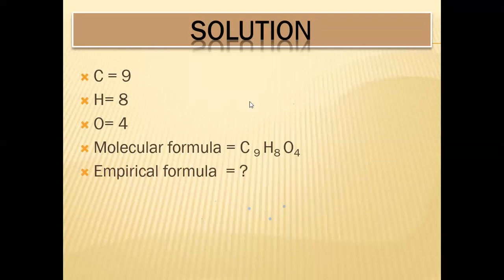Yes, Bisma Noor. Yes, ma'am, it's correct that it will remain the same because it cannot be simplified more. Very good. And Eman Khan. Miss, can't it be divided, 4 with 8? So it would be C9, H2, and O. Students, there is a condition.